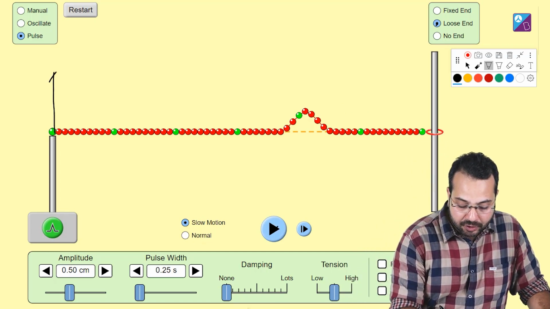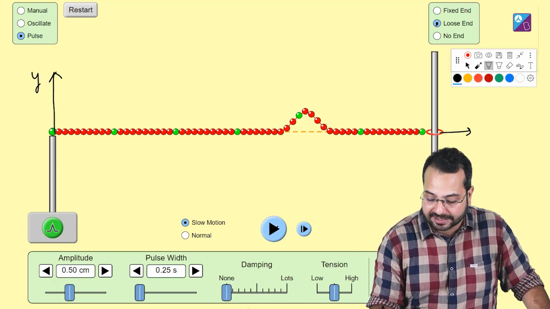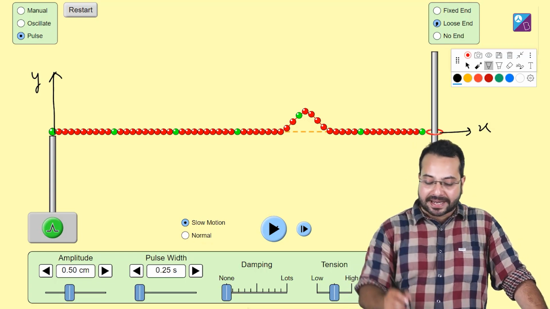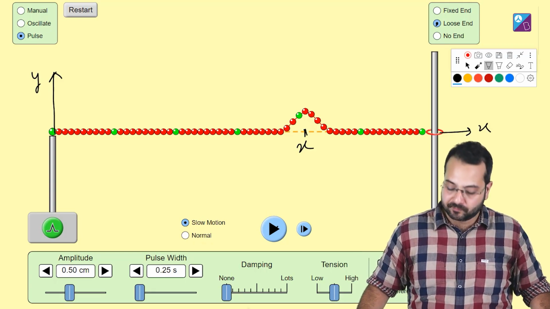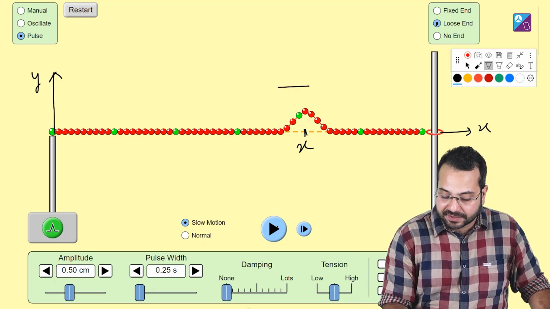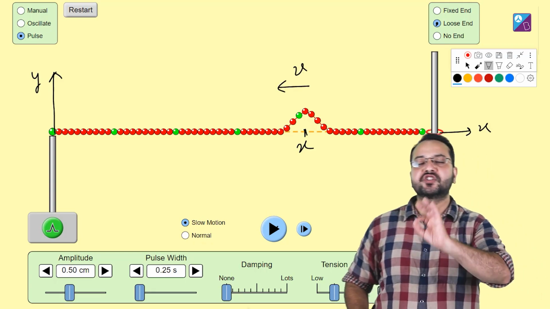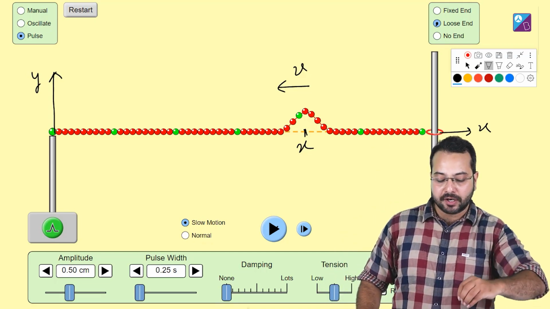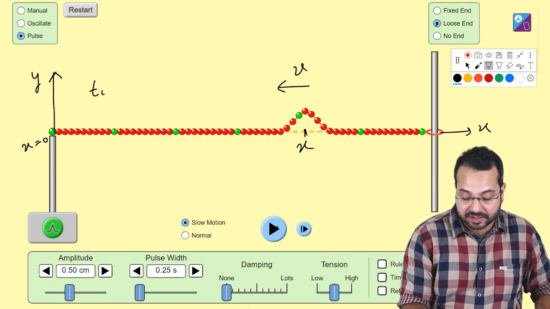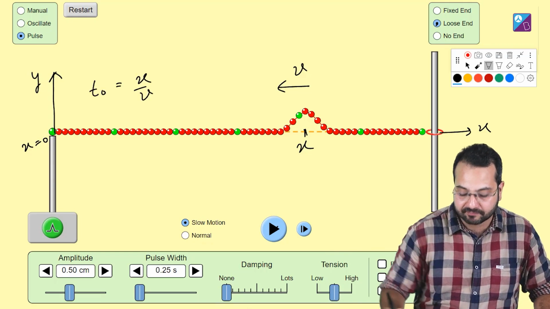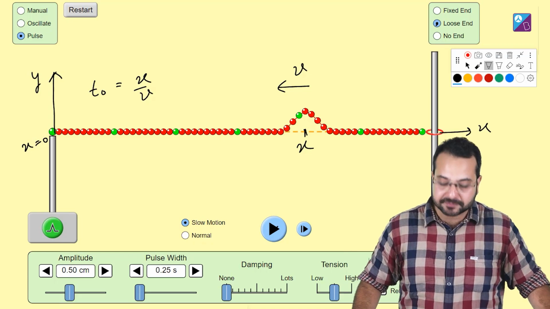Let me again draw the y-axis and x-axis. Right now, the position of this particle is x. The wave velocity is v. So how much time is this disturbance going to take to reach x equal to 0? It is going to take a time t naught equal to x by v, distance divided by the speed.